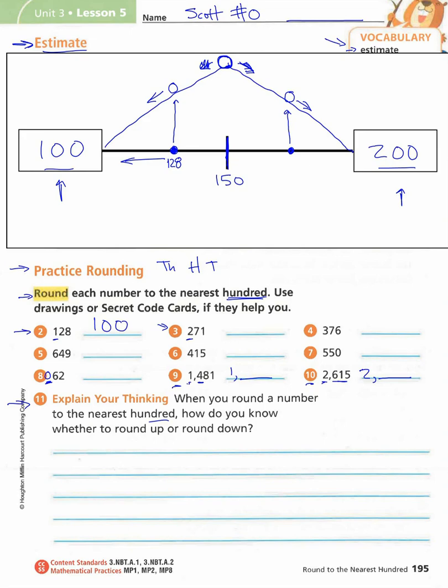But in the United States, we say if it's exactly in the middle, round up. Okay? So that might help with answering number 11. So go ahead and explain, when you're rounding a number, how do you know whether to round up or to round down? Pause the video, go ahead and answer that, and then we'll go on to the next page.